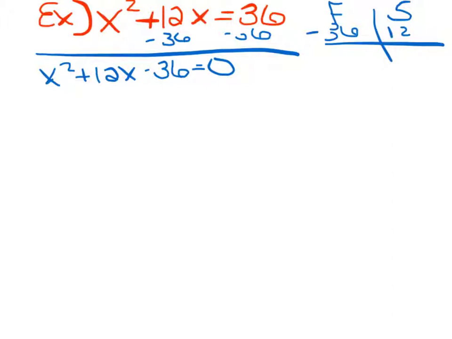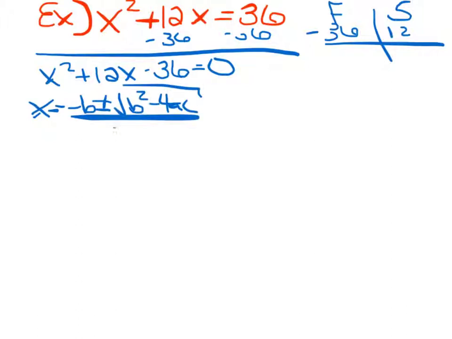Because I could not use factoring, my next try is going to be to use the quadratic formula, which again is x equals -b plus or minus the square root of b squared minus 4ac all over 2a. Notice that for this equation, my a is 1, my b is 12, and my c is -36.